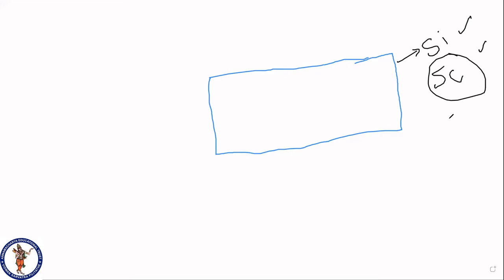It may be germanium, it may be silicon. I'm assuming it to be silicon. This is an intrinsic semiconductor, not P or N type. This is a pure semiconductor.